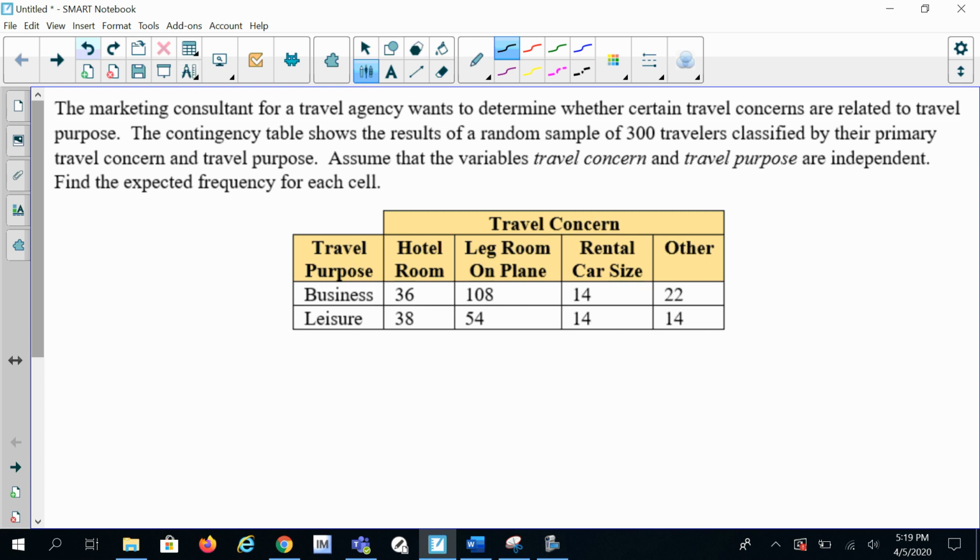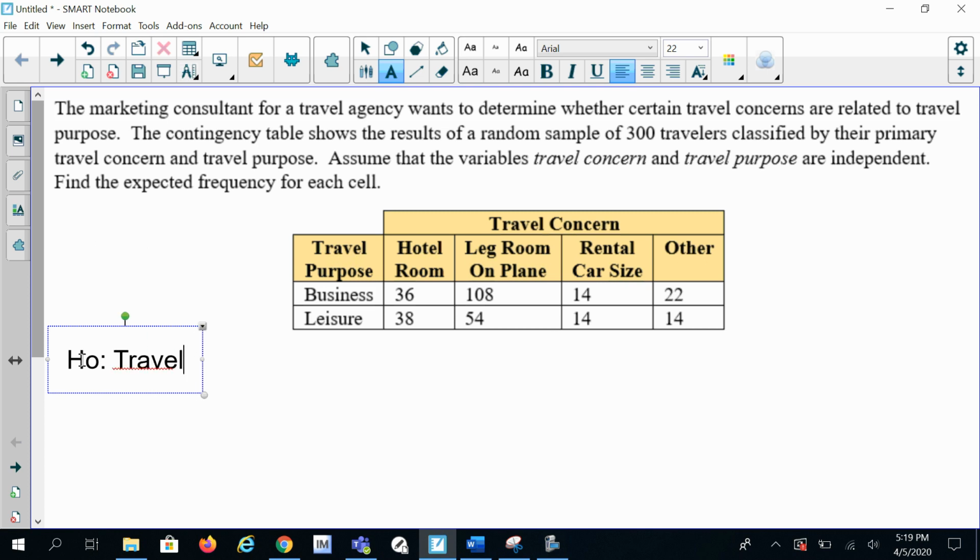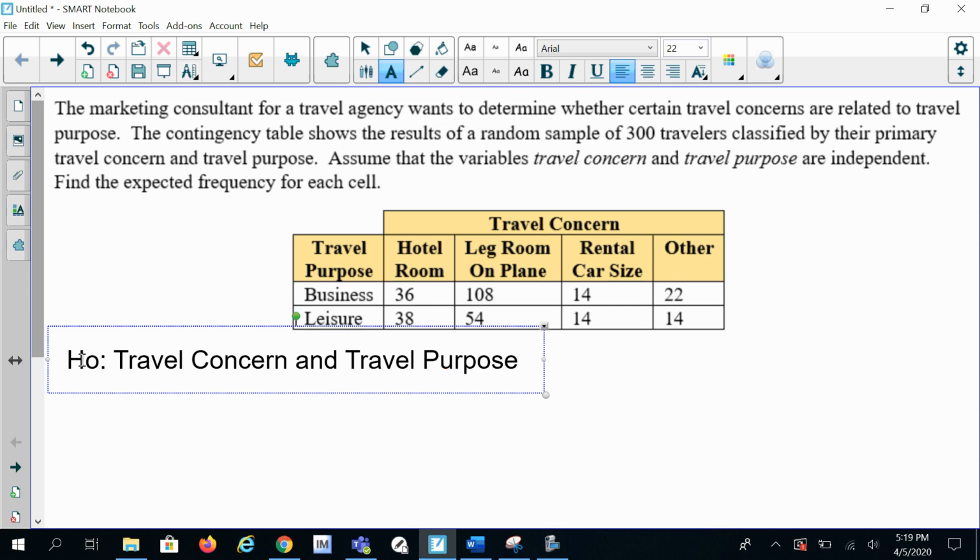So we're going to start with HO HA like we always do. HO HA is going to be a little bit different here. HO is going to be the 2 variables, so let's name them: travel concern and travel purpose. You write down the 2 variables, the order you write them does not matter, and then you state they are independent.